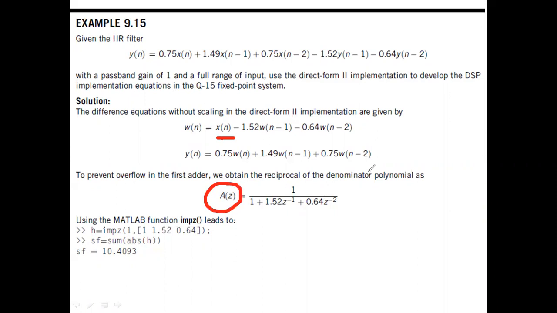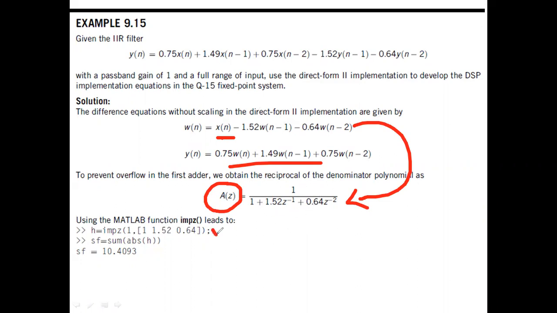And for the feed forward path on the right side, we will simply scale it based on the highest value. So how do we find the impulse response?